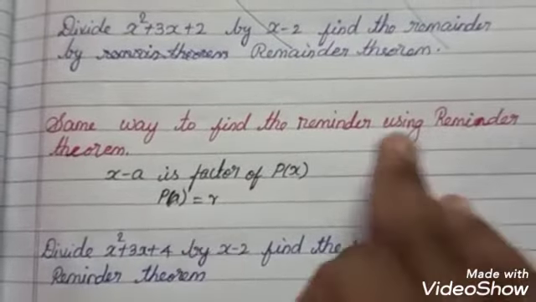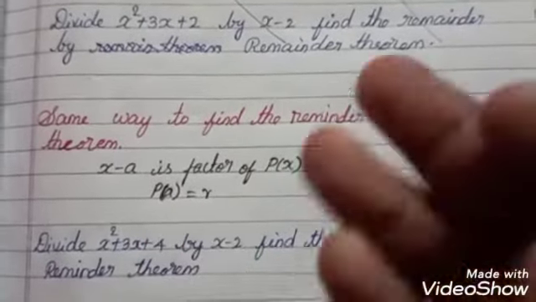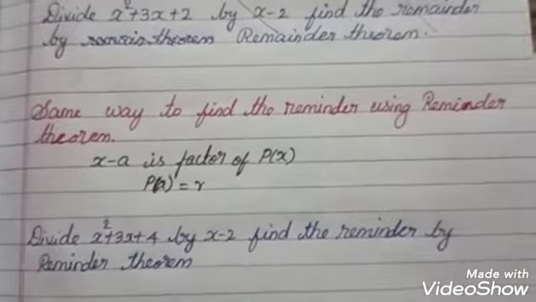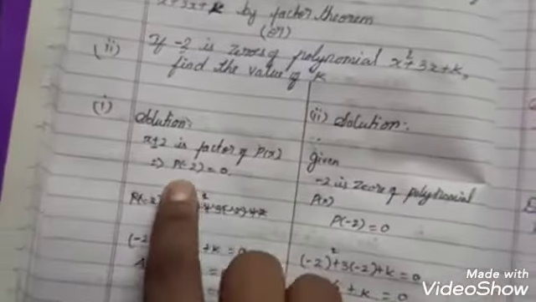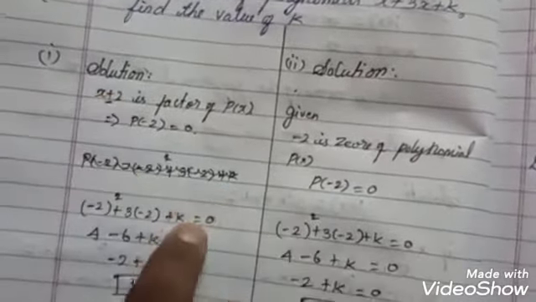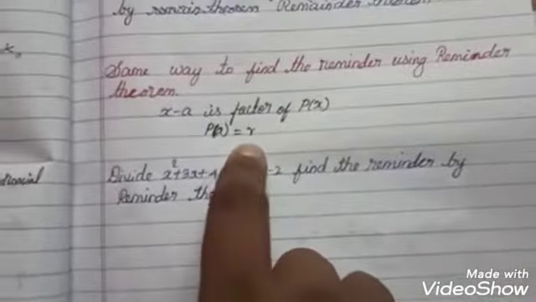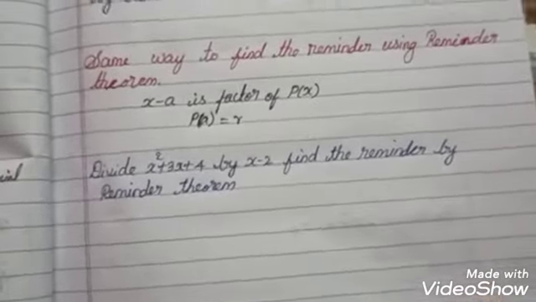Okay, this is the remainder theorem. The p of a you get, some value, that should be r. It may be 0 or any value, whatever it is, we say it is the remainder. So here you know that p of minus 2 equals 0 means this 0 is the remainder for this problem. If we get any value, it is the same, and the applying condition is the same here also.